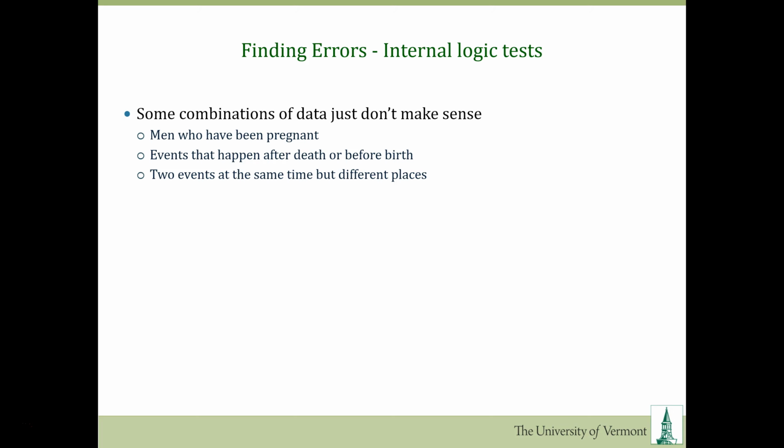Two events that occur to the same person at the same time, but in very different places, are also very suspicious for an error. So our strategy here would be to count all the records that have these wrong combinations and hope for a 0. But if there is more than 0 such records, then we can look at them and try to figure out what's going on.